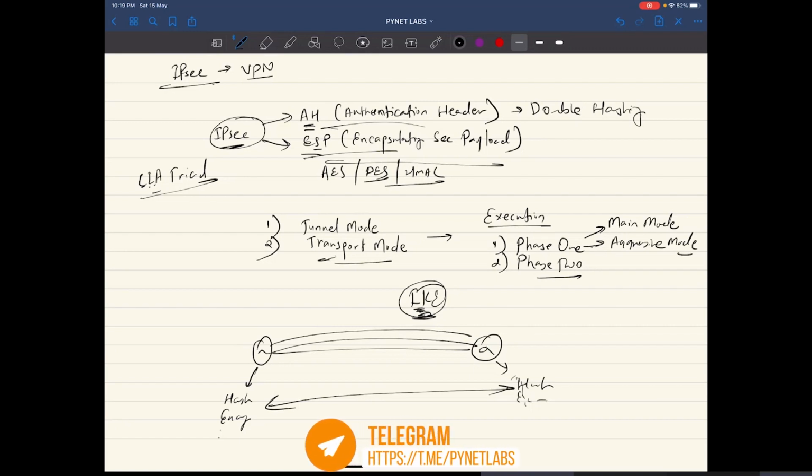In main mode, there are three exchanges between the initiator and the receiver. The first is where algorithms and hashes are exchanged. The second exchange is responsible for generating the secret keys by using Diffie-Hellman. So main mode takes care of exchanging the algorithms, the hashes, and what Diffie-Hellman group you are using to secure your traffic.